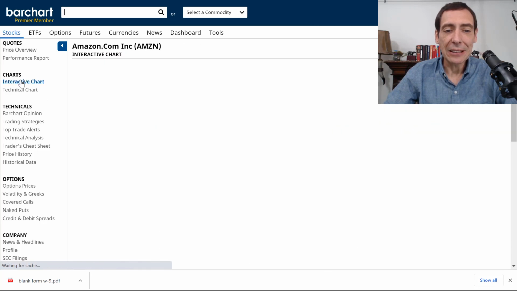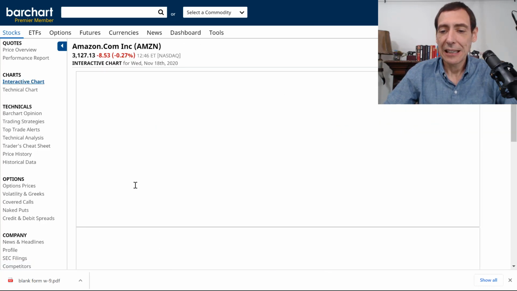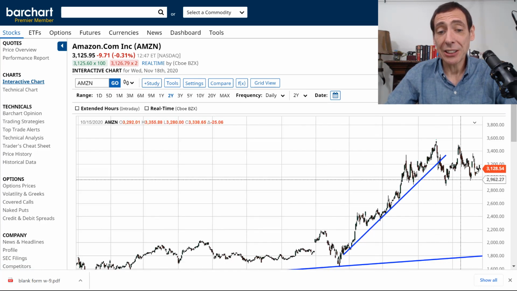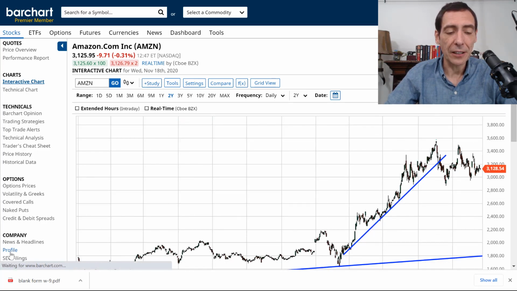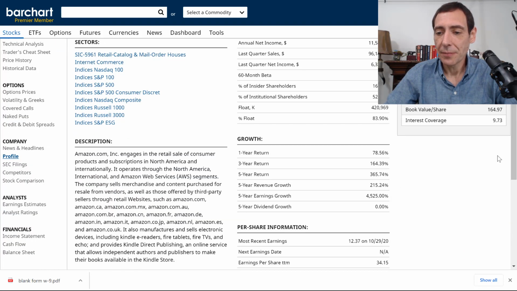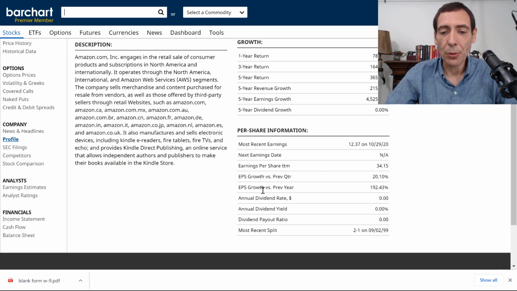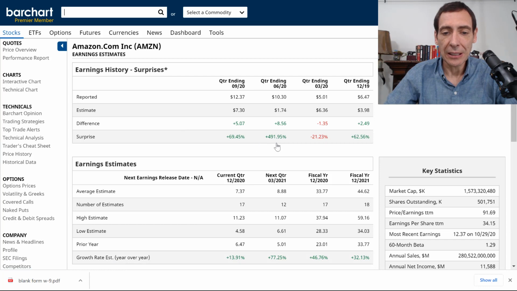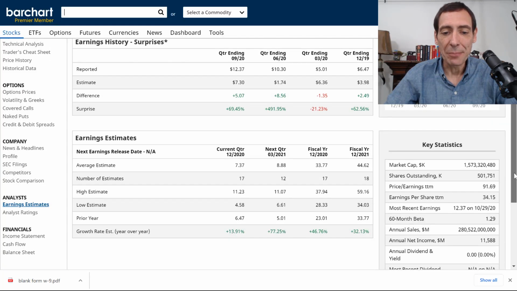If you look at Amazon, on the other hand, you will see that the stock is going substantially higher. And if you look at the profile of the stock, you will see the numbers are very positive. You will see that earnings per share growth per quarter is expected higher. Look at these numbers.